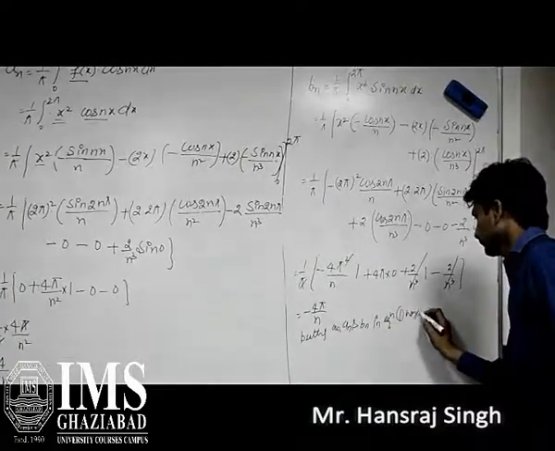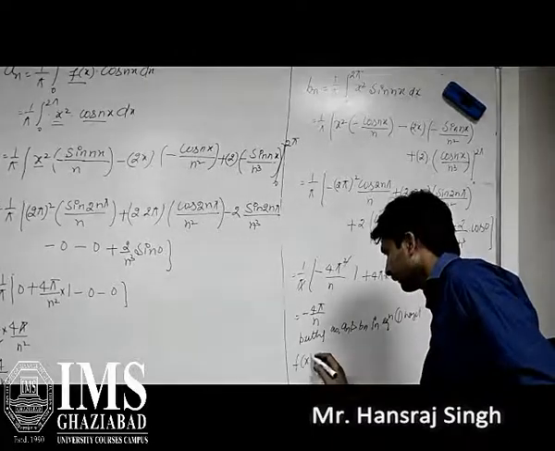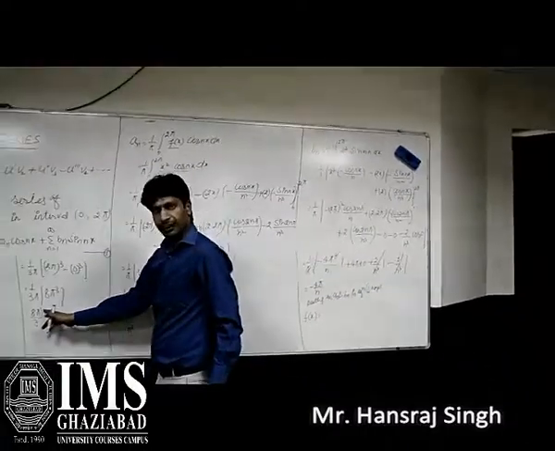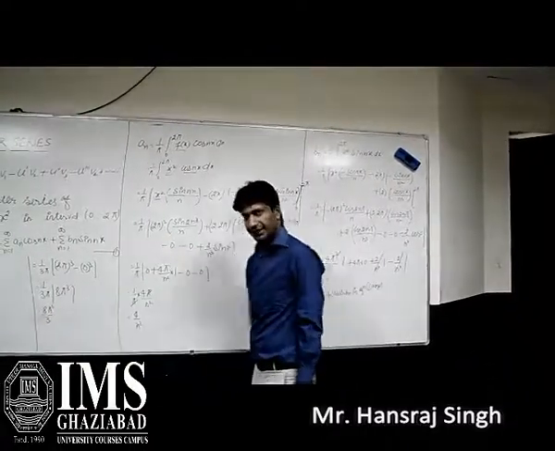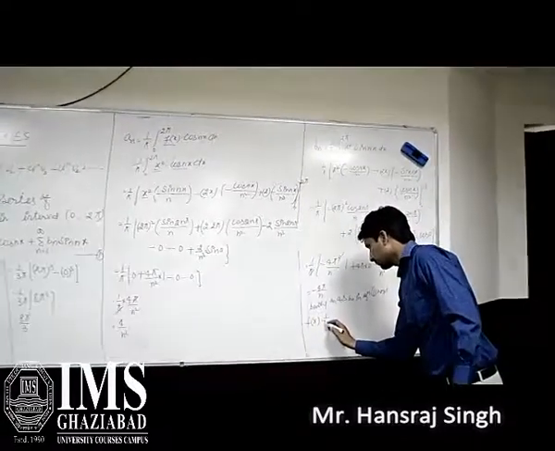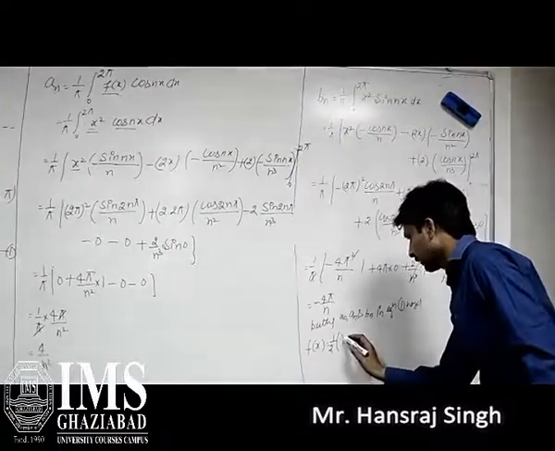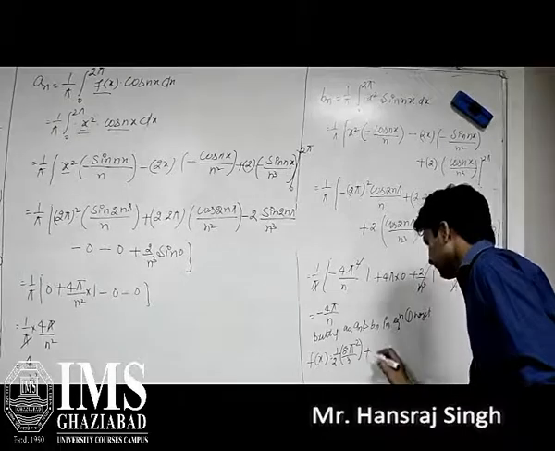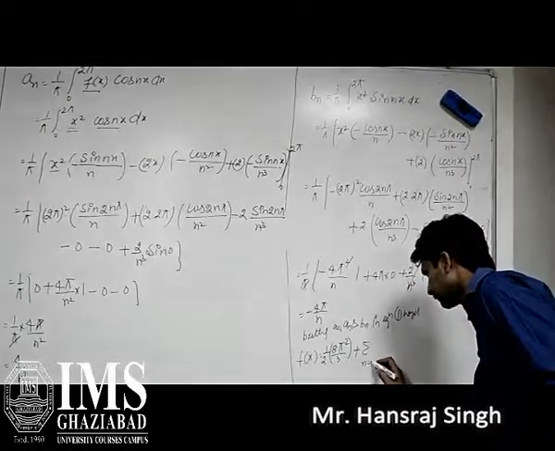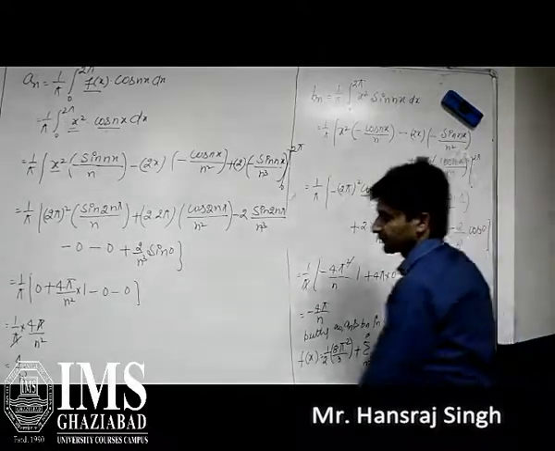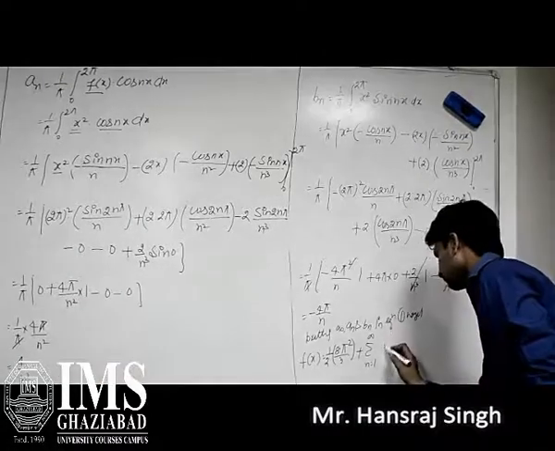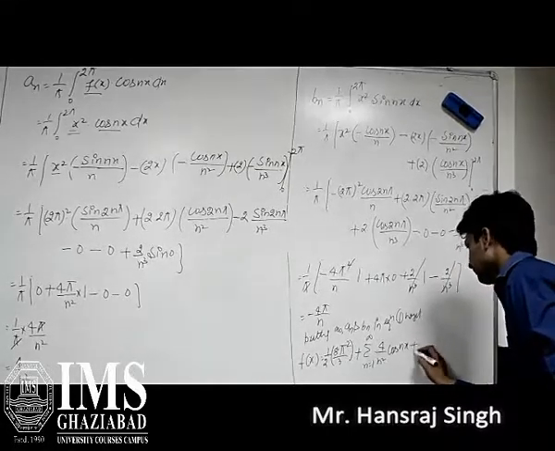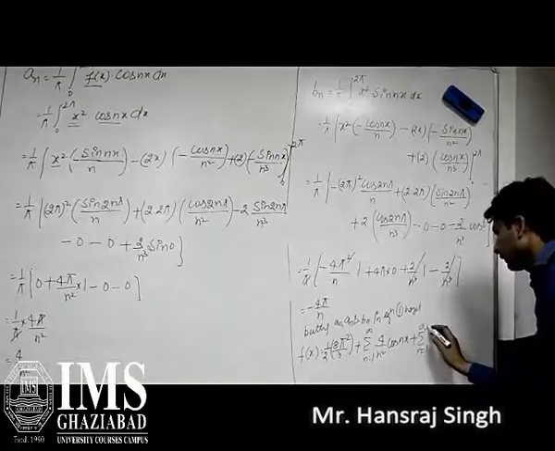We get finally f(x) equals 1 upon 2, and the value of a0 is 8 pi square upon 3, plus summation of n equals 1 to infinity, and the value of an is 4 upon n square cos nx, plus finally summation of n equals 1 to infinity, and the value of bn.